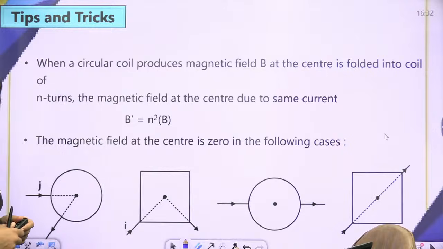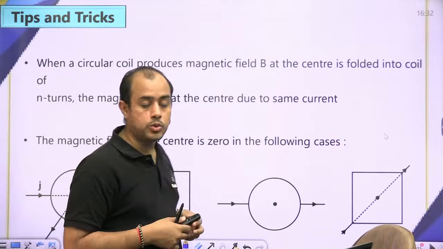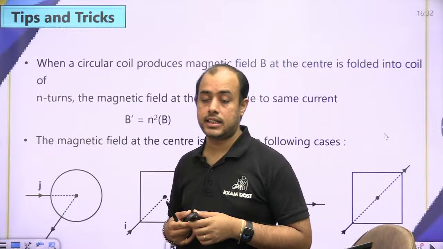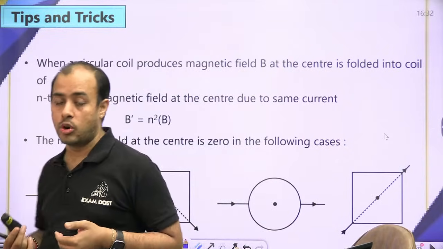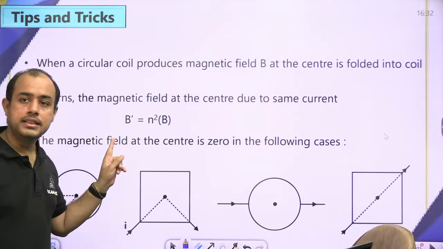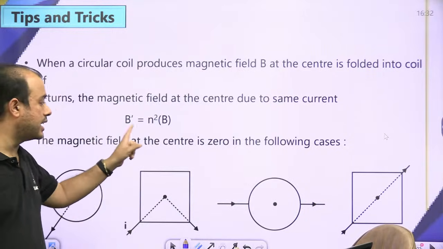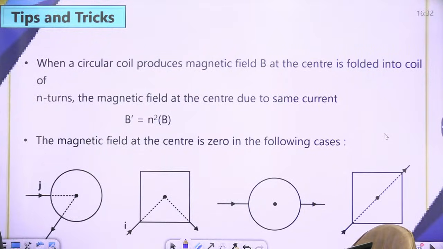So now beta, whenever a circular coil produces magnetic field B at a center, now if you fold it into n turns, the magnetic field because of the same current becomes n squared times.